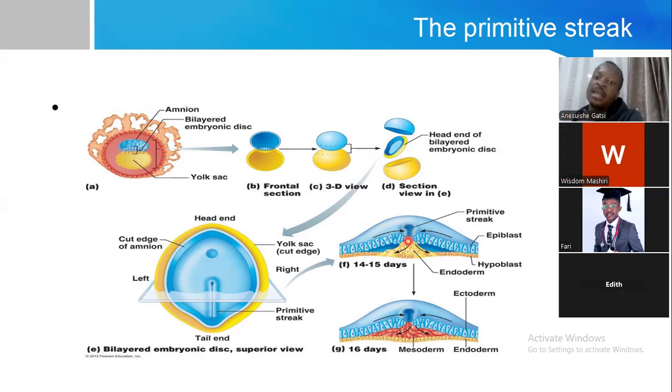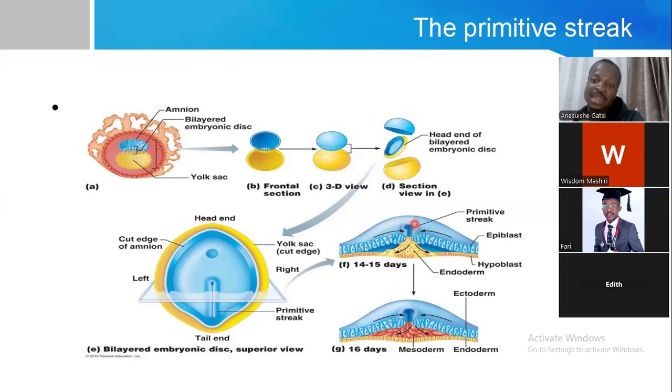And this primitive streak, remember we said it forms initially within the central part, then it starts to elongate going caudally. Then the cranial end of your primitive streak starts to proliferate. As you can see on this cranial end here, it's thickened.